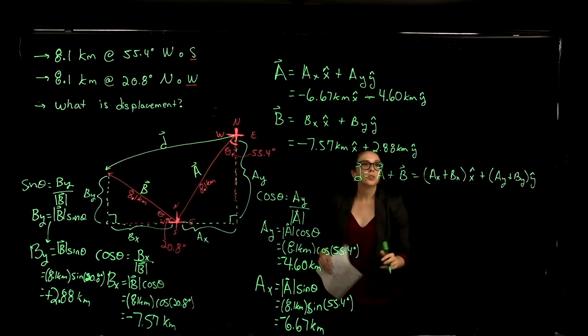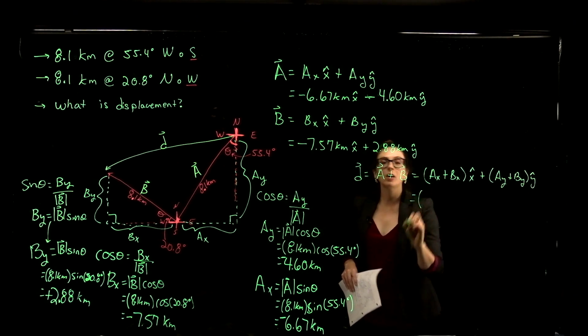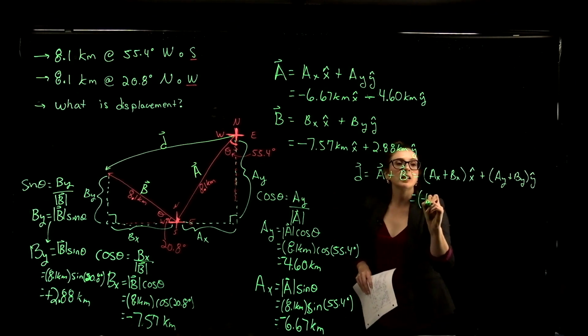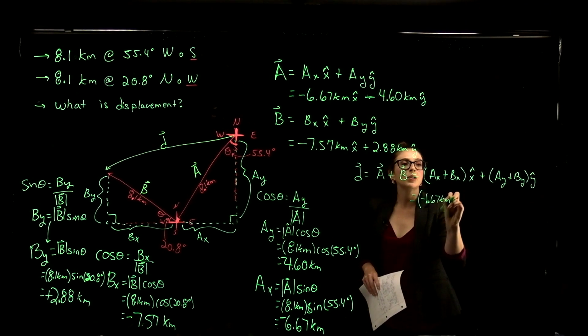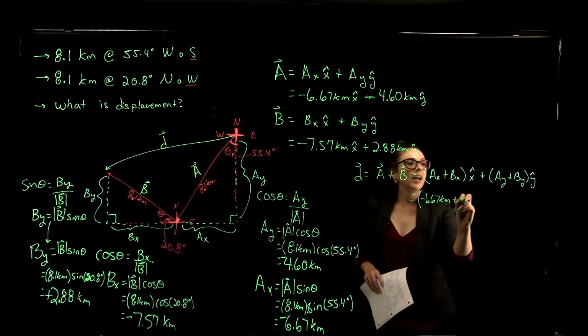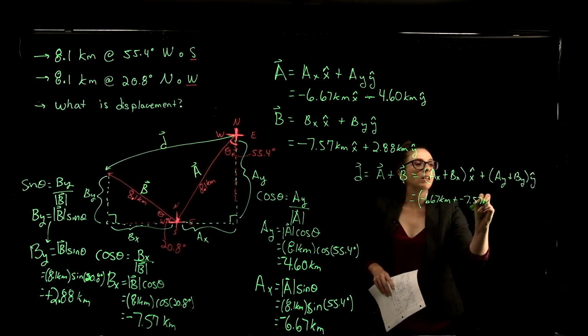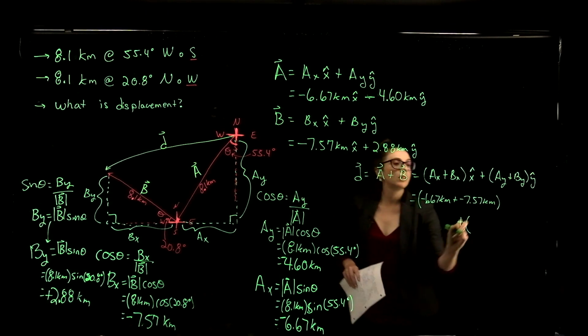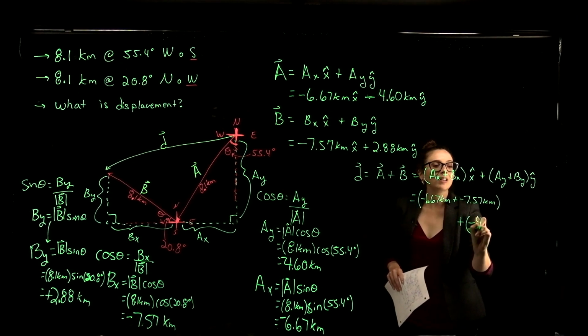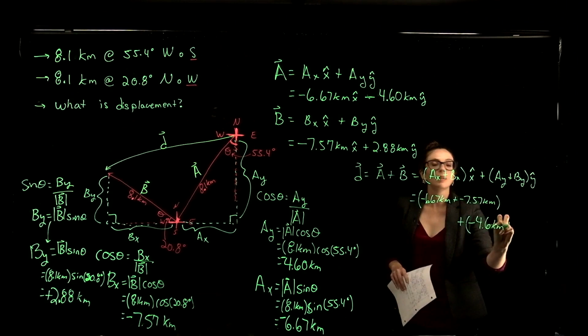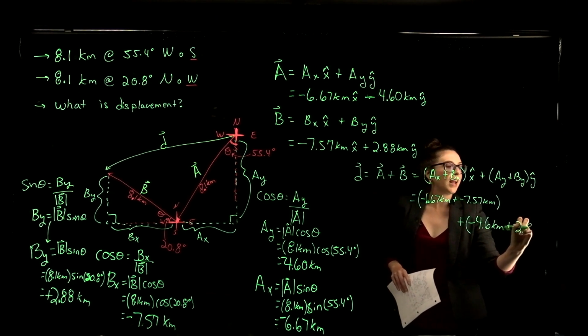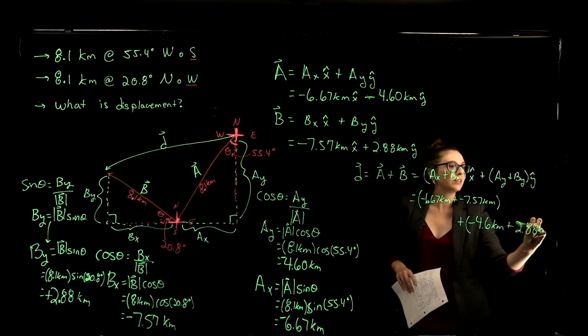Okay? So then this is going to be minus 6.67 kilometers plus negative 7.57 kilometers, plus ay, minus 4.6 kilometers plus 2.88 kilometers.